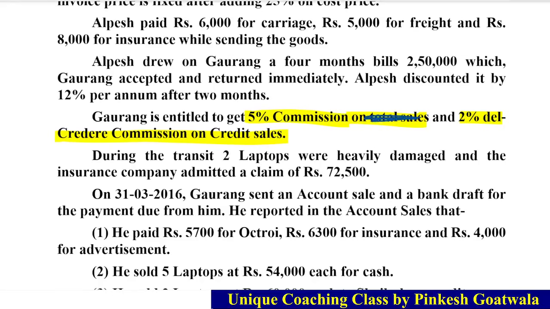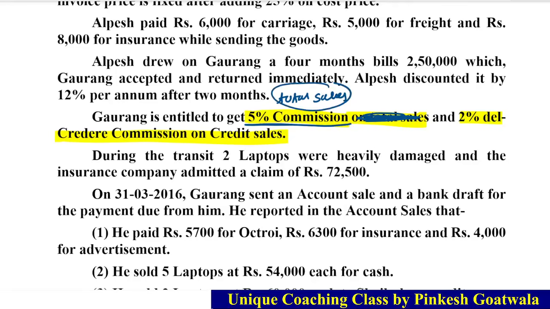The 5% we calculate on total sale. Compulsory we calculate on total sale. If the question only says 5% commission or 5% general commission, on what do we calculate?